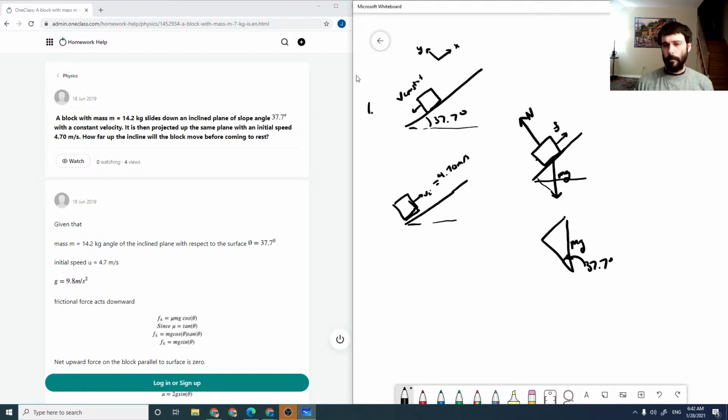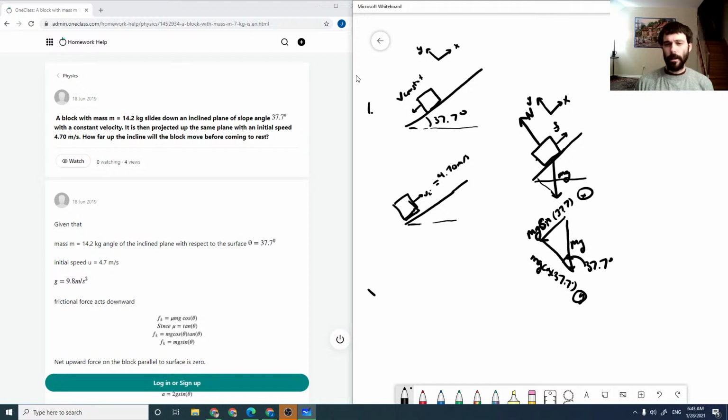And then this guy is going to be mg sine 37.7, and this guy here is going to be mg cos 37.7. And if my axes are xy, then this guy is x and this guy is y.